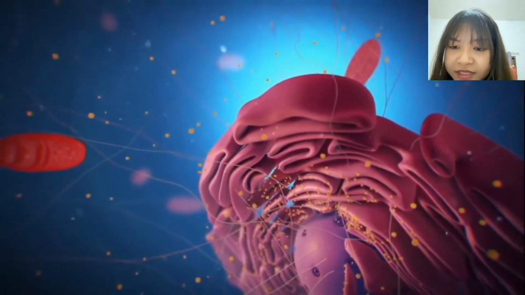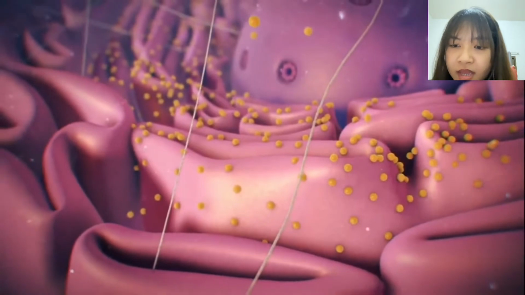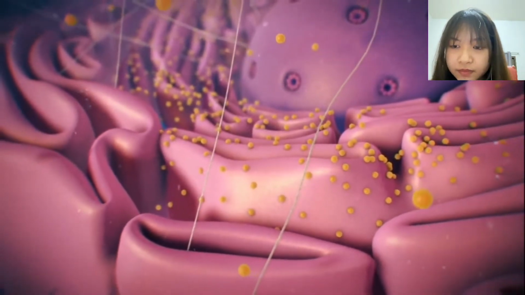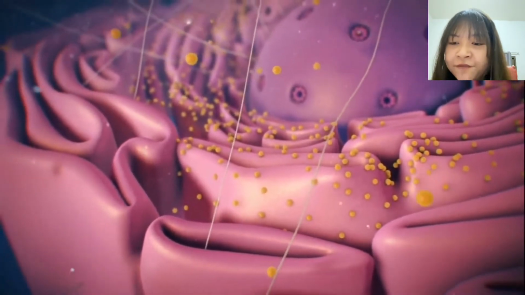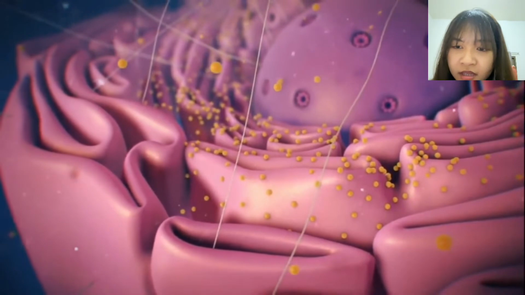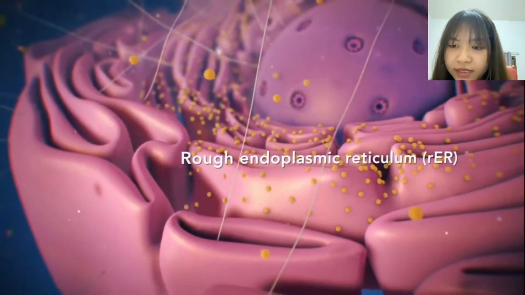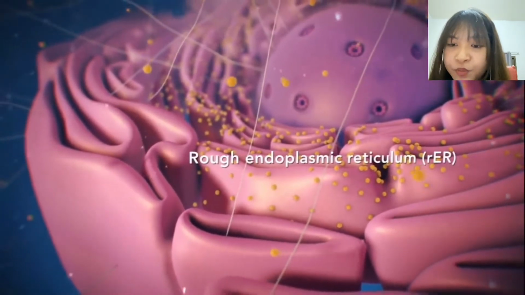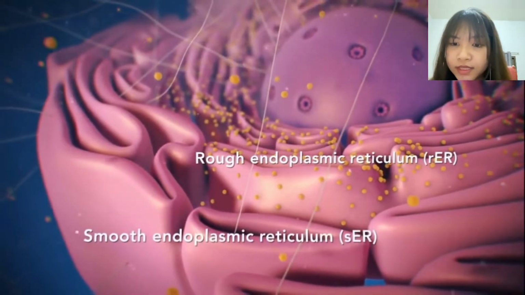Ribosomes may wander freely within the cytoplasm or attach to the endoplasmic reticulum, sometimes abbreviated as ER. There are two types of ER: rough ER has ribosomes attached to it, and smooth ER doesn't have ribosomes attached to it.